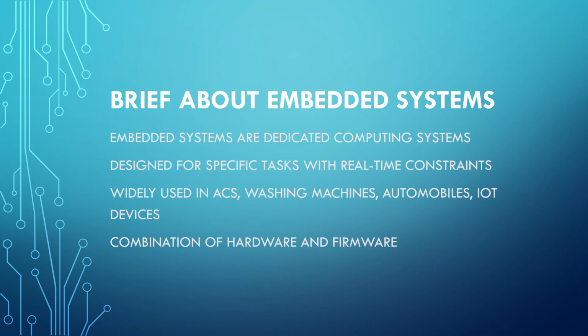An embedded system mainly consists of two parts: hardware such as microcontrollers, sensors, and actuators; and firmware, which is the embedded software written in languages like embedded C. This AC control project is a simple but effective example of an embedded system where the microcontroller continuously monitors and controls outputs based on programmed logic.